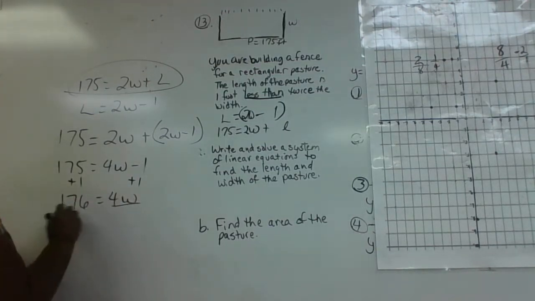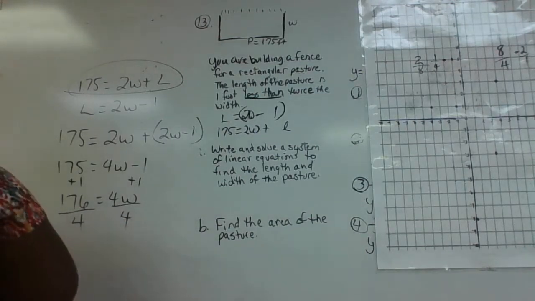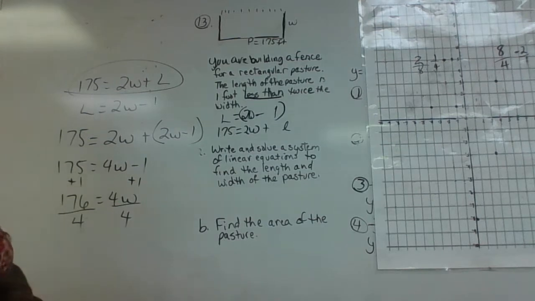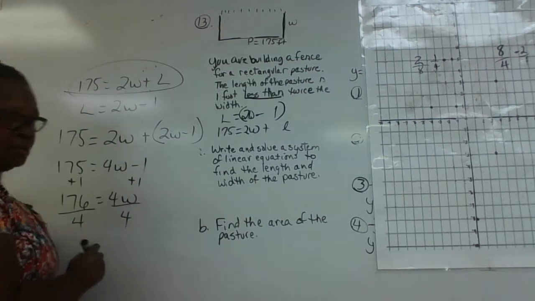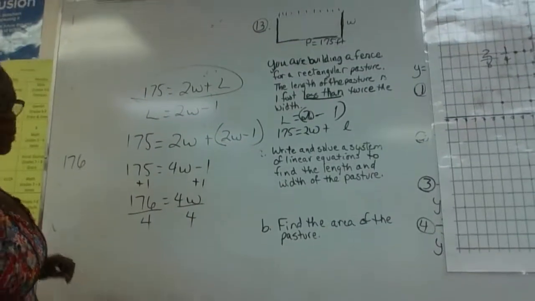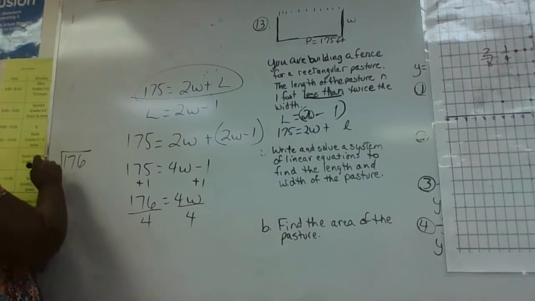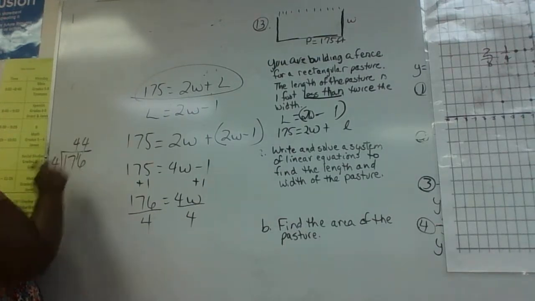We're going to divide both sides by 4. Pull out our rusty dusty calculator. I took it to the kitchen. Okay, let's do it old-fashioned. I'm over here dividing just in case you're wondering what I'm doing. 176 divided by 4. How many 4s are in 17? We have 4, which gives us 16. 16 left gives us 44.